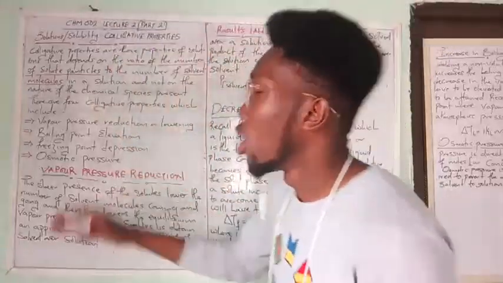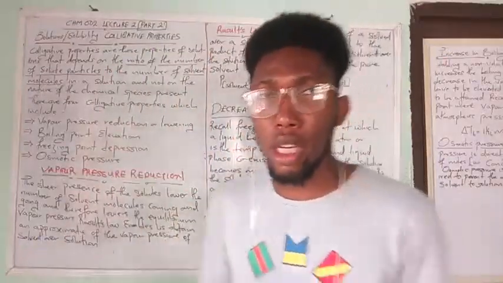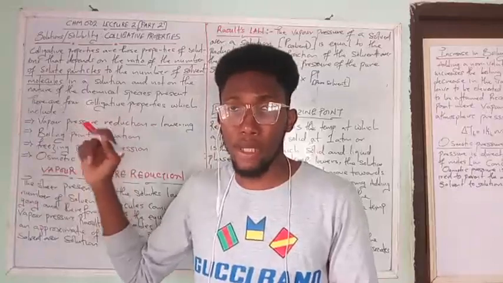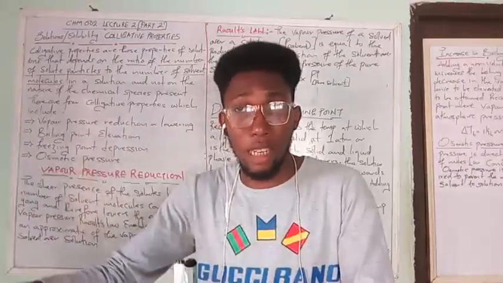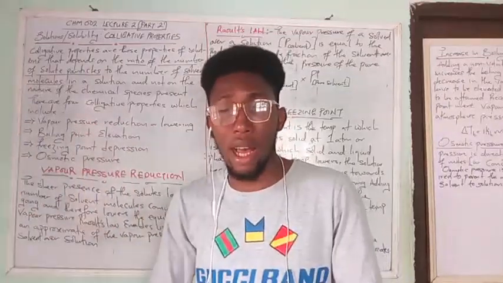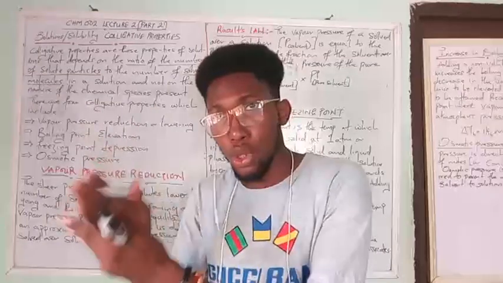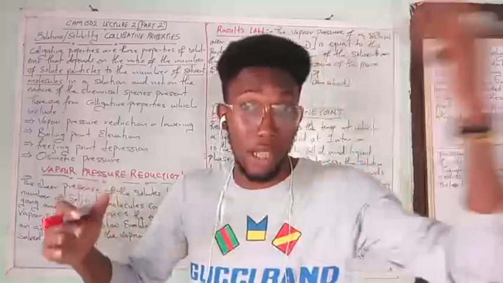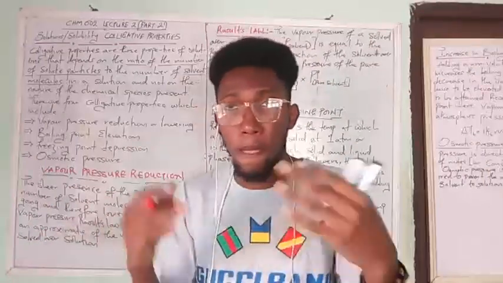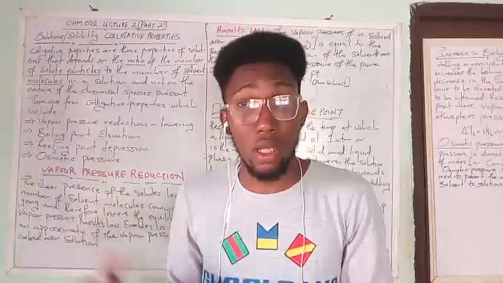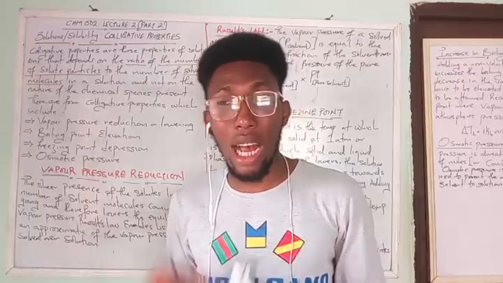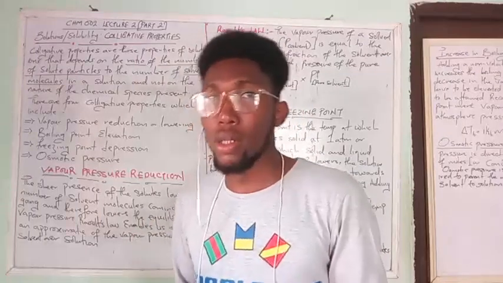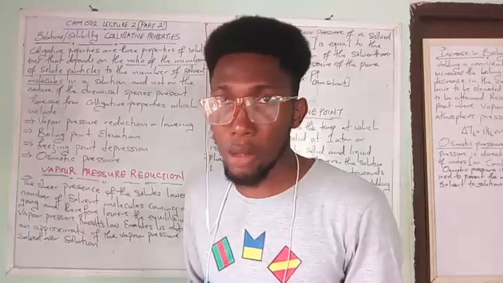Very important. When they ask you in your exam what colligative properties are, you just have to highlight these important points. These are properties that depend on the ratio of the number of solute particles to the number of molecules of the solvent, and not on the nature of the chemical species.